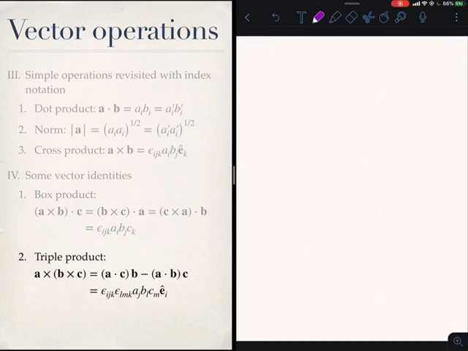Coming now to the triple product, here's a familiar formula which I will be asking you to derive using index notation later. Right now what we will do, we will try and express the triple product on the left in terms of index notation on the right.